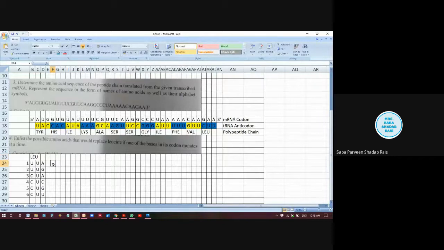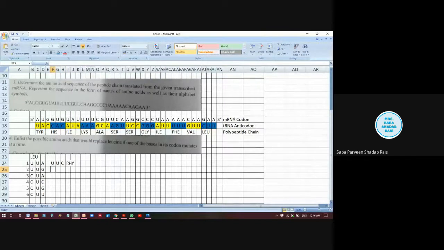So if UUA, instead of A, what will we get? Mutation means the change. So instead of A, if C is there, what will form? What is the UUC, children? Come on, fast, find out what is the UUC. Phenylalanine. So it will convert into phenylalanine.